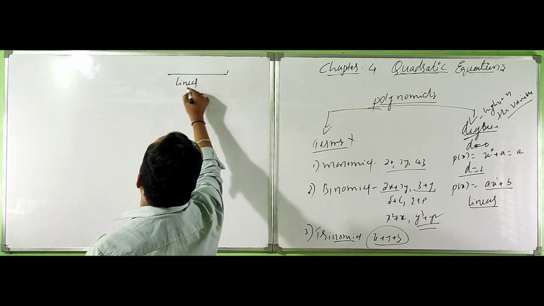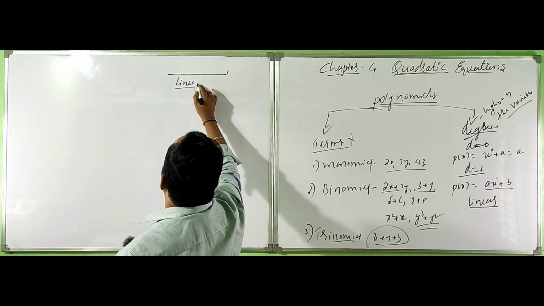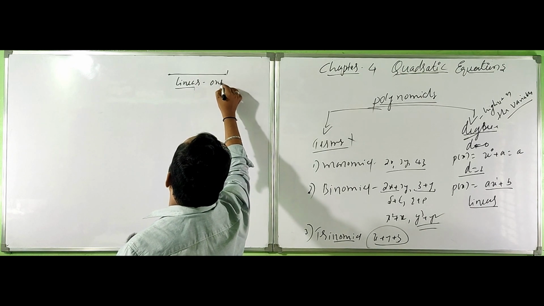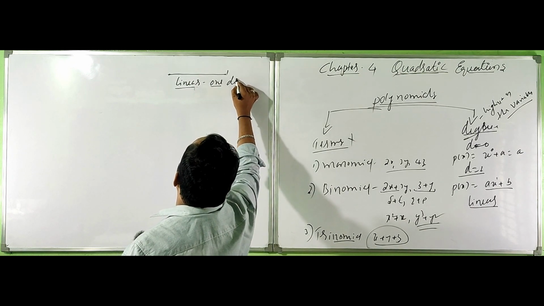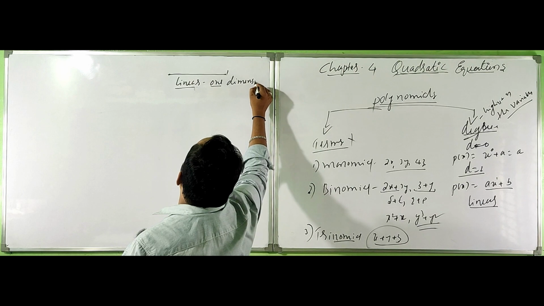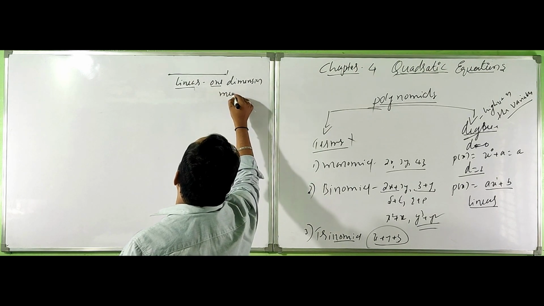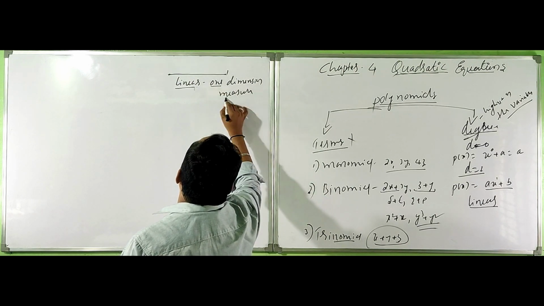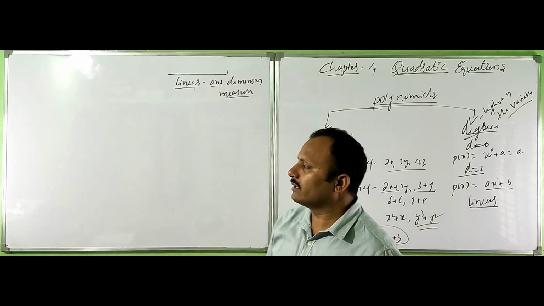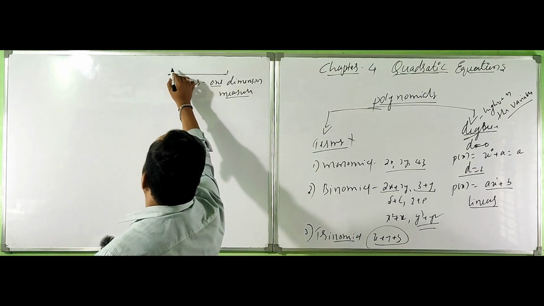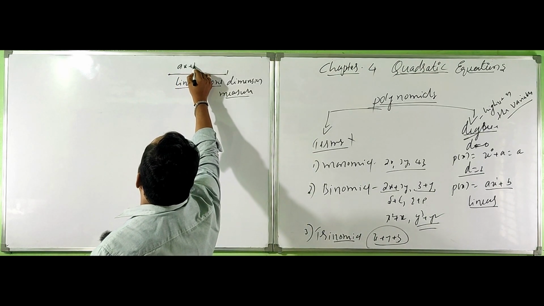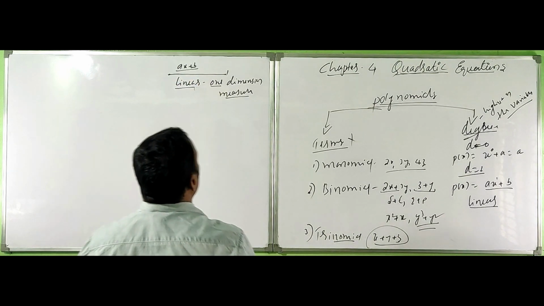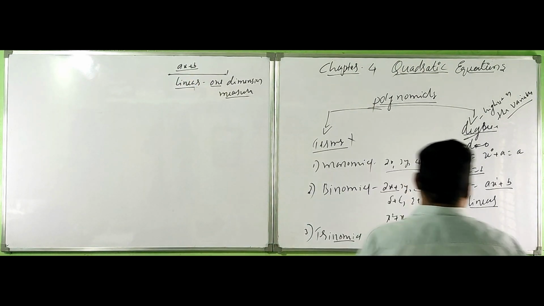We can also call it a one dimensional measure. Very important. Linear is of the form ax plus b, where x is the variable and a and b are constants.